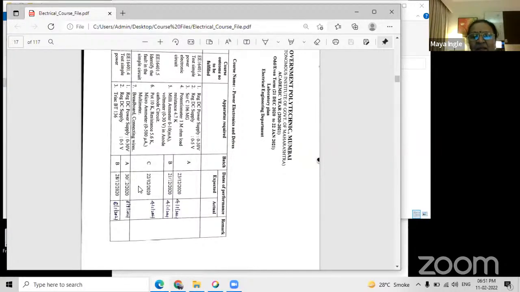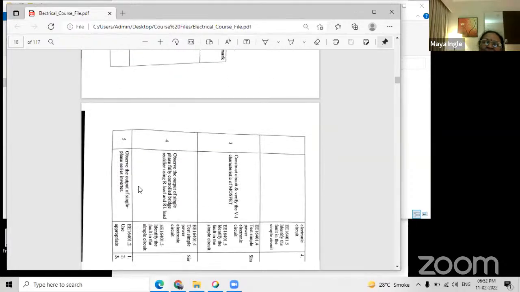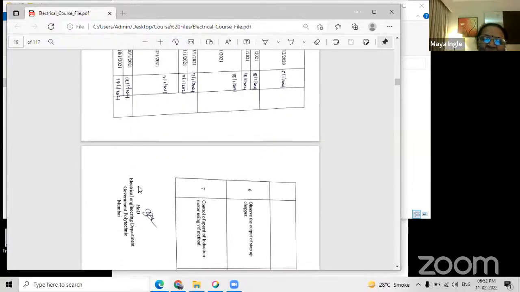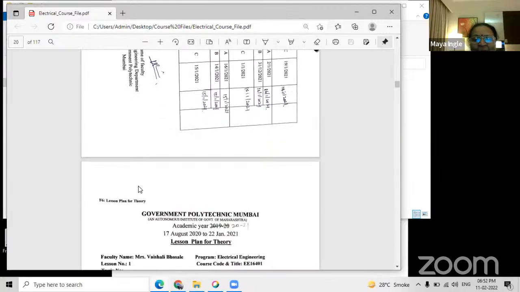Normally in lab we conduct the practicals batch-wise. So if the batches are listed as A, B, C, or 1, 2, 3, whatever is there in the institution, you have to write separately, with dates and all these things. So this is about the lab plan.